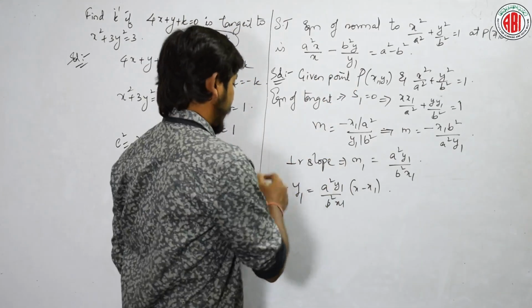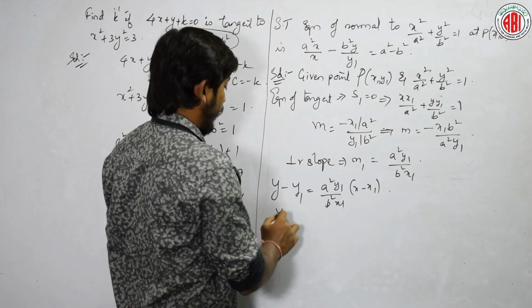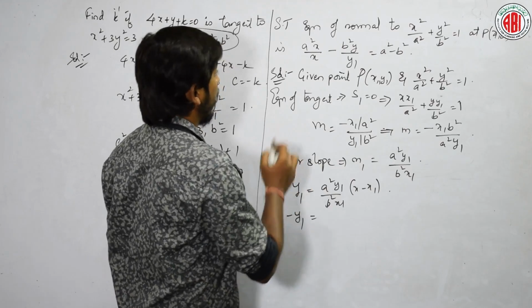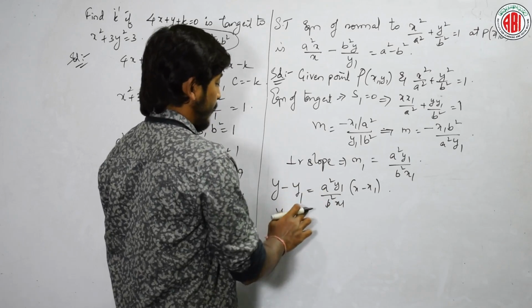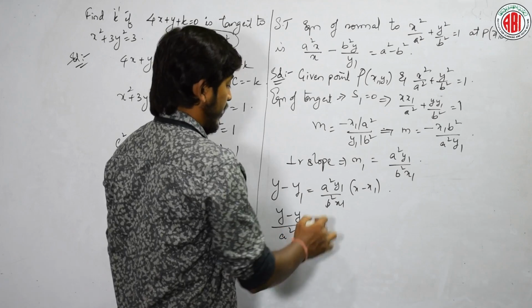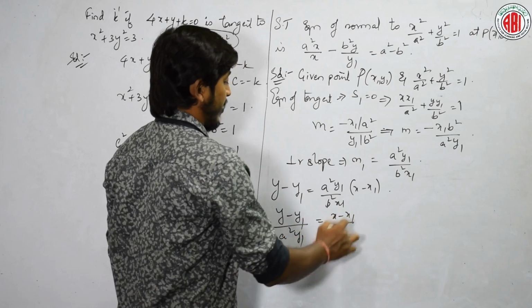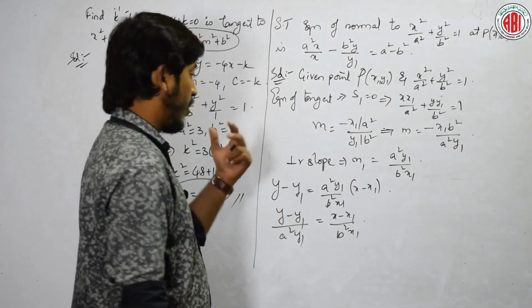Now, let us multiply and bring all the terms in this form, right? Let us cross multiply first, okay? y minus y1 by a square y1 is equal to x minus x1 by b square x1, okay? Let us bring all together.